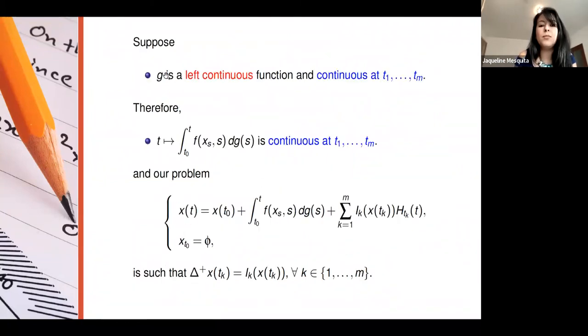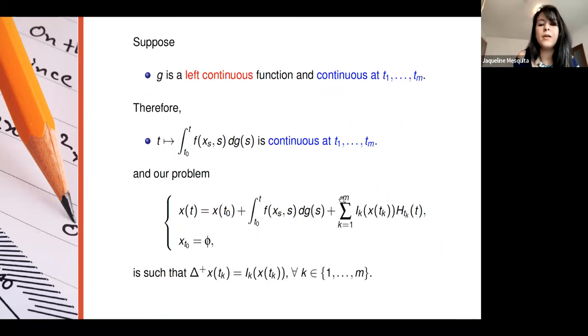If we assume that G is continuous at the moments of impulses, then the Stieltjes integral will also be continuous at the moments of impulses. Doing that, we avoid this type of integral jumping at the same time as the impulse operators, and then we can write our solution in this integral form.